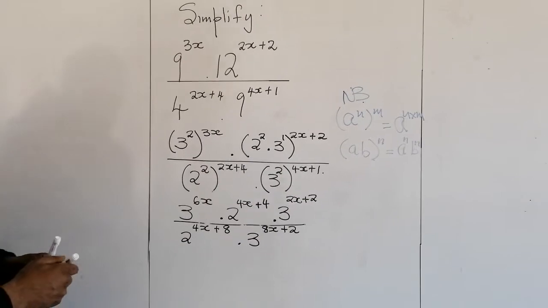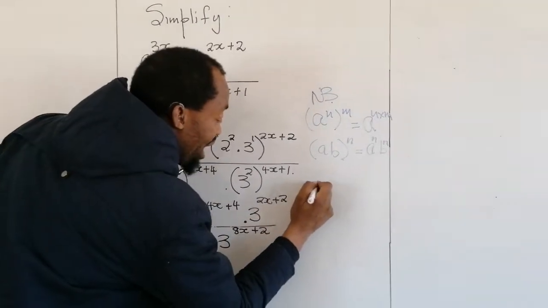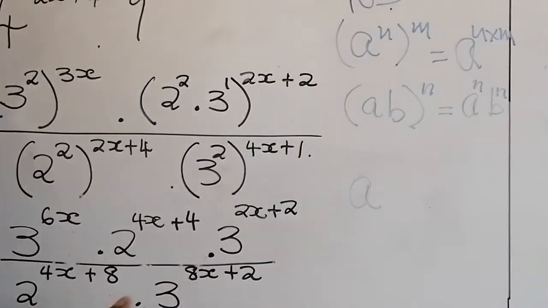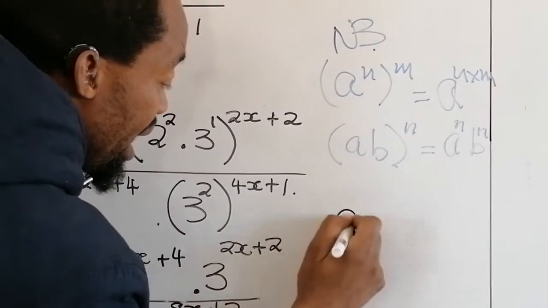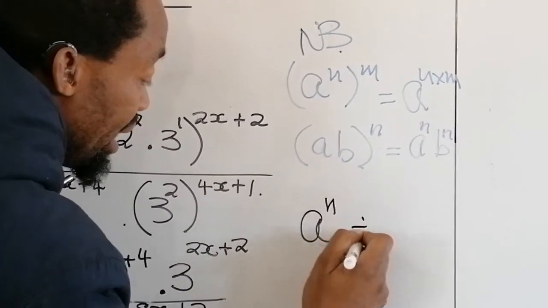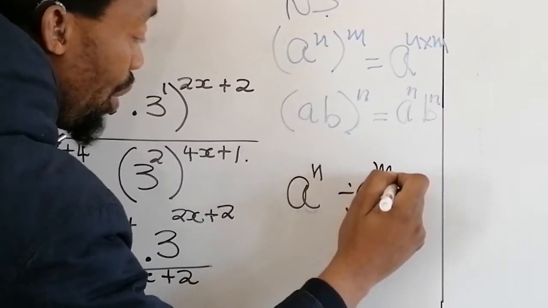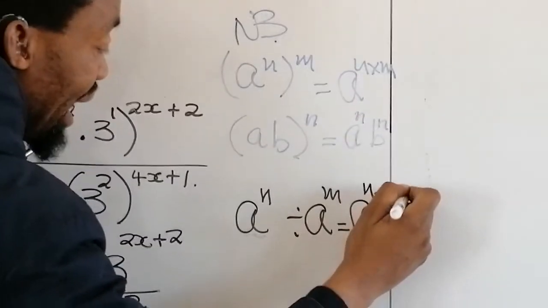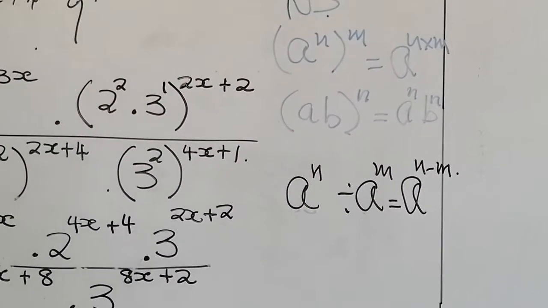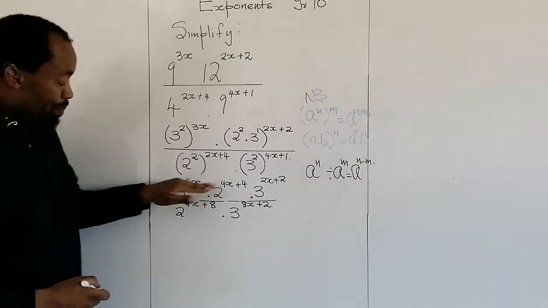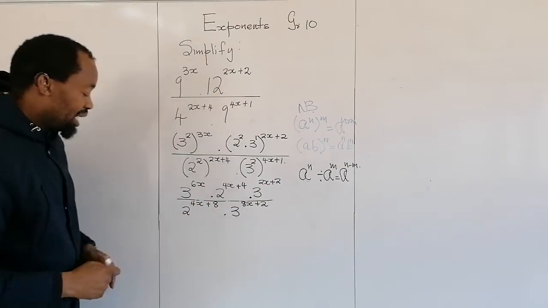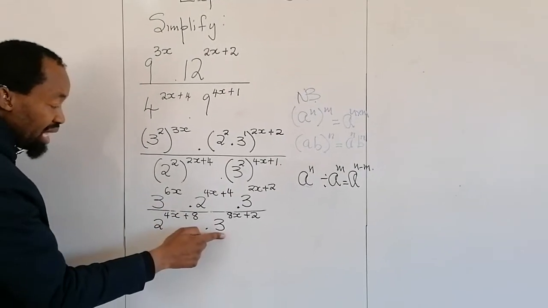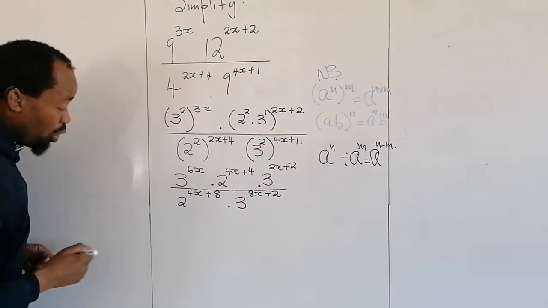Next thing that you must remember is that a to power m divided by a to power n is actually a to power m minus n. Don't forget that. Where am I now? I'm multiplying, dividing, and multiplying. I'm going to take all the base 3 and apply that law.